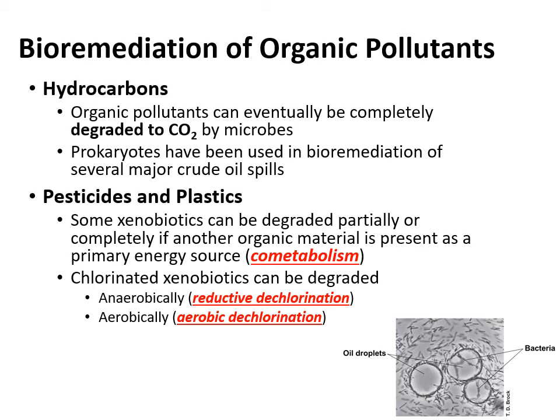Just remember that xenobiotic compounds are synthetic chemicals not naturally occurring. The big problem with them is many of them degrade slowly. So they're just chilling in the environment, causing problems for our various animals and plants. So we can use microbes to help break them down, either anaerobically or aerobically.